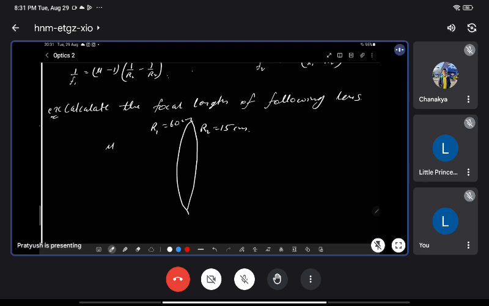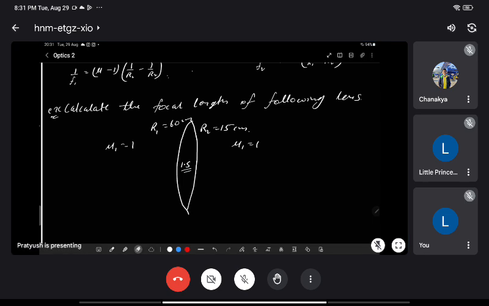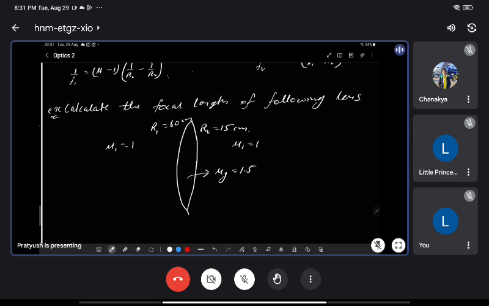The refractive index of the lens is 1.5 and outside also it is 1. The refractive index of glass is given as 1.5. You need to find out its focal length. Okay, so do this as your homework.